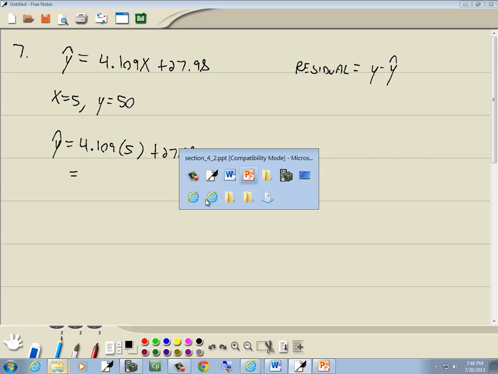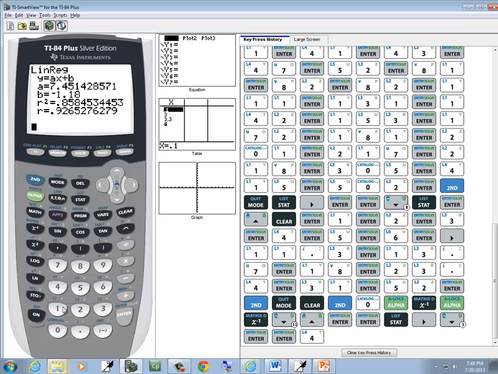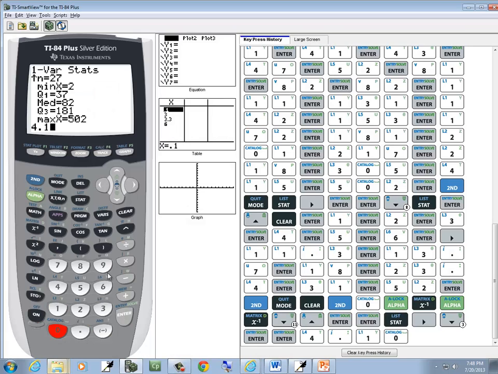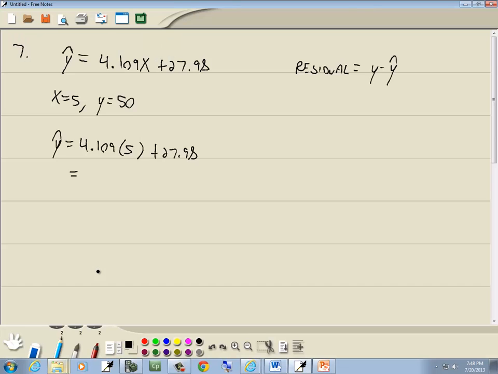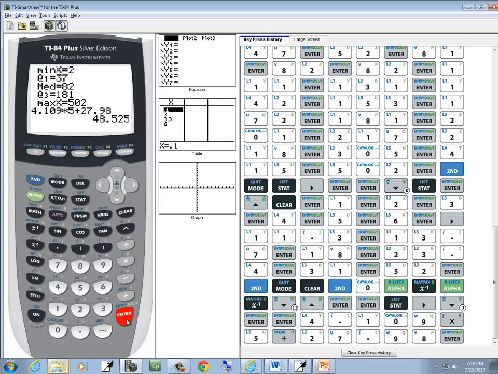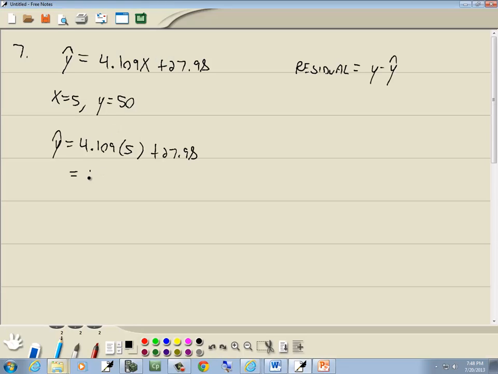So we got 4.109 times 5 plus 27.98. Enter. That gives us 48.525. So our residual is y minus y hat. Y we said is 50 minus y hat, which is 48.525.